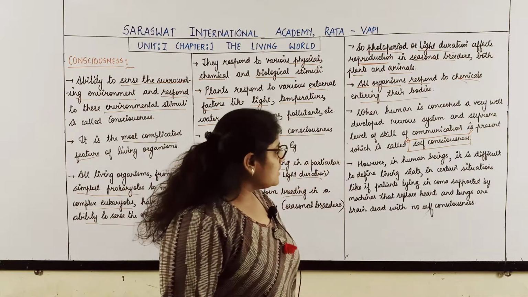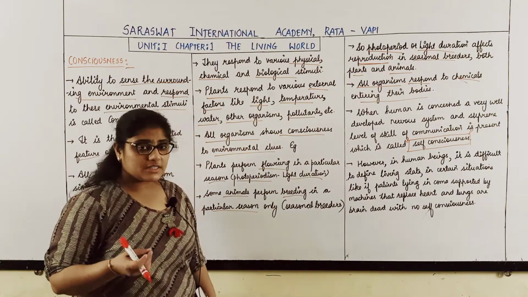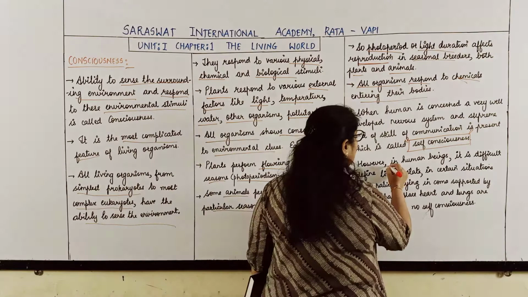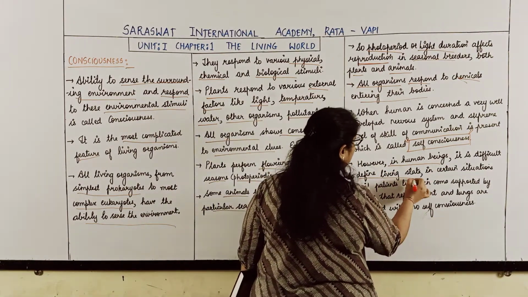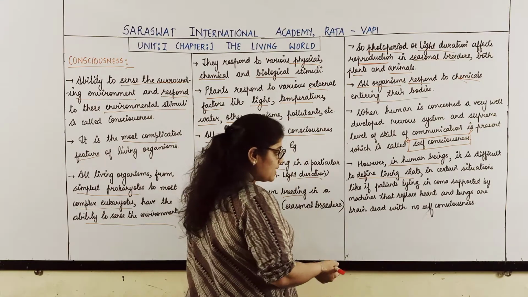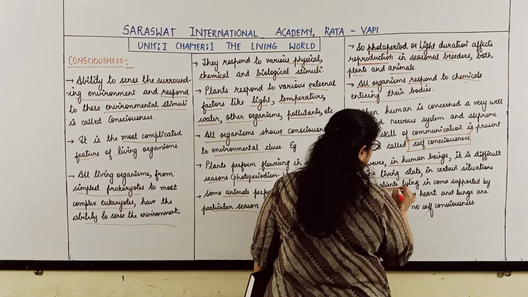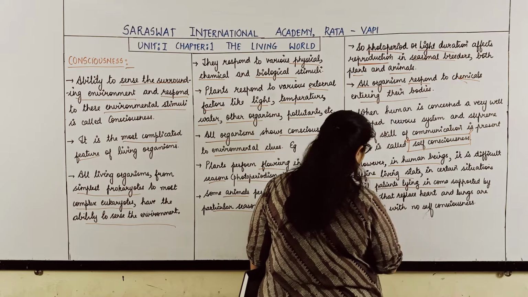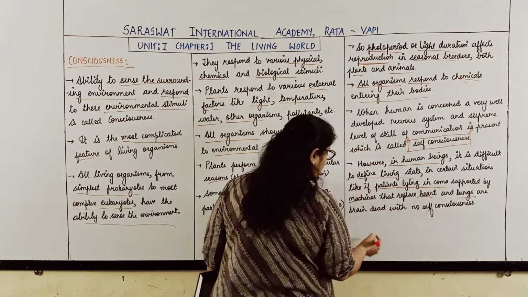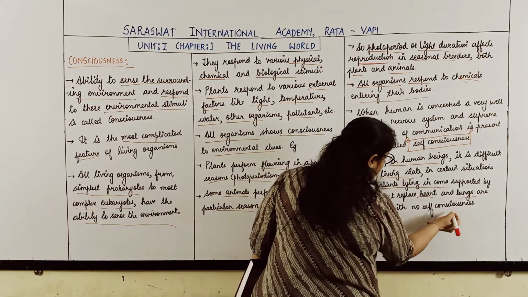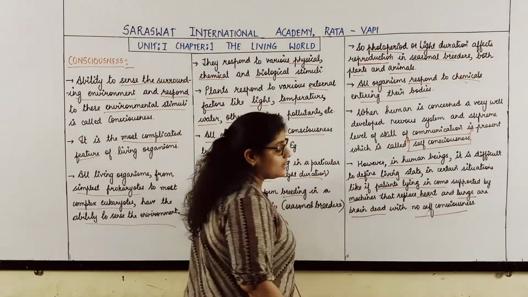But students, one important thing: in human beings, it is very difficult to define a living state in certain situations, like a patient lying in coma who is supported by machines which replace the heart and lungs. They are brain dead, with no self-consciousness.